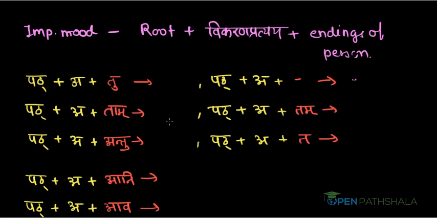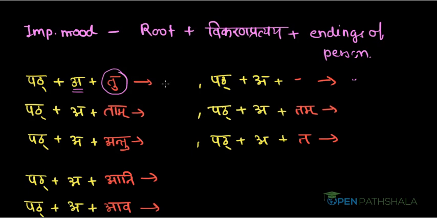Now here I have already substituted root, vikarana pratyaya and endings of person. Patha is the root that we have taken. As it belongs to first group, we have added vikarana pratyaya a to it. And we have also added third person singular ending of imperative mood, that is tu.